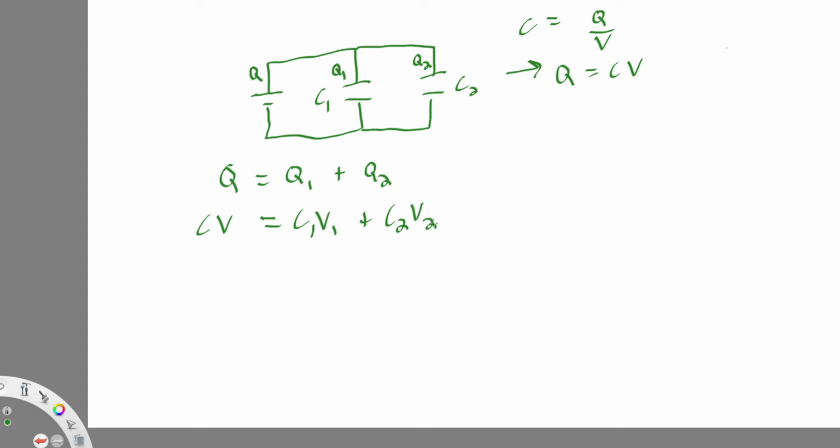And for the same reasons as when we considered the voltage in parallel resistors, we know that the voltage across parallel elements has to be the same, right?